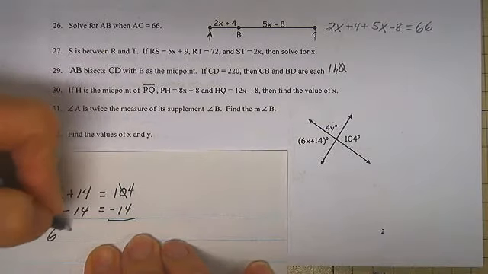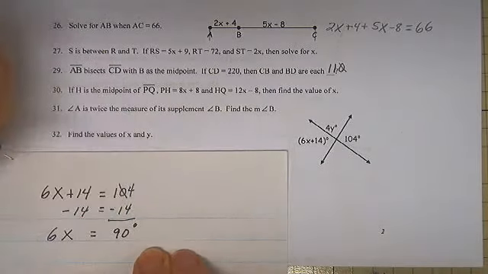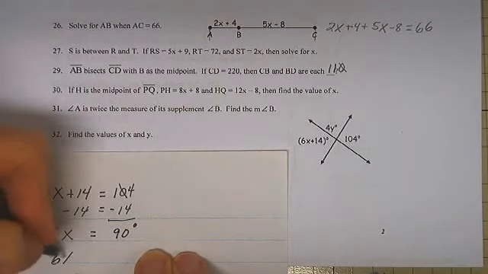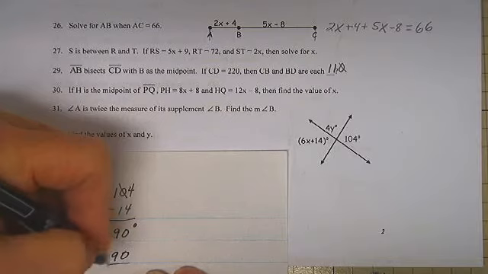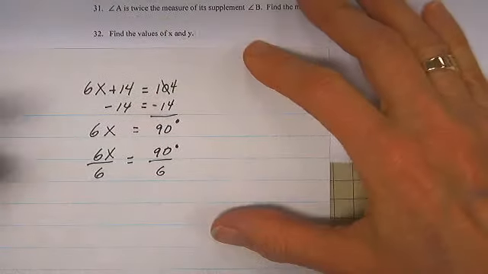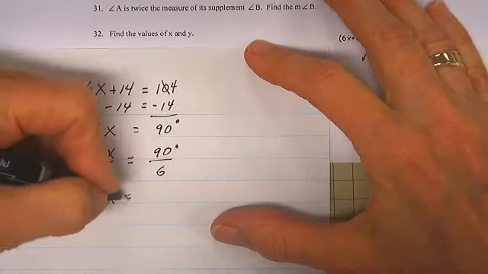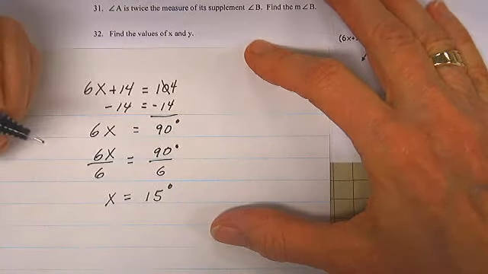That gives me 6x is equal to 90 degrees. Now I divide both sides by 6. That gives me x is equal to 15 degrees.